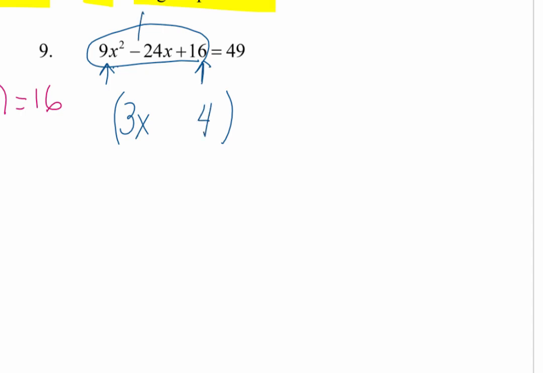Our middle term is negative, so we need a negative. Now let's check to see if we get the right middle term. Remember, the middle term will be 3x times negative 4, which is negative 12, and double it. There's two of those, and that equals negative 24. So we know that this is a perfect square trinomial.